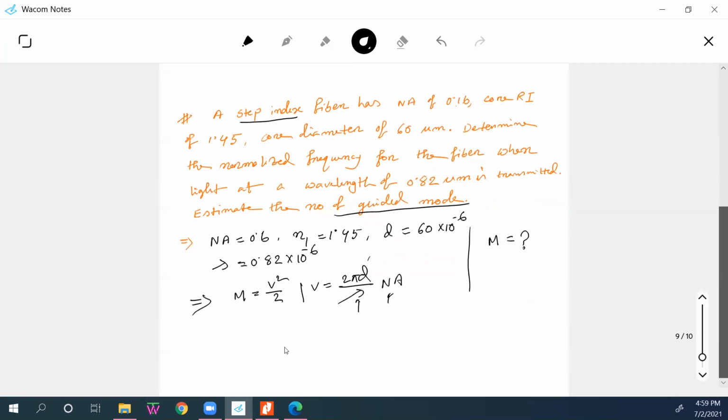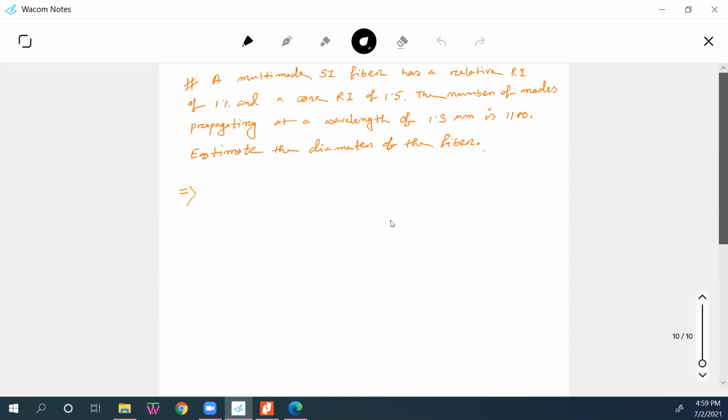Yes. Okay, what else? A multimode step index fiber has a relative refractive index of 1%. Let's see what we have.